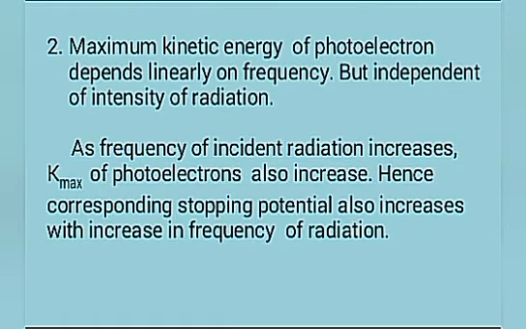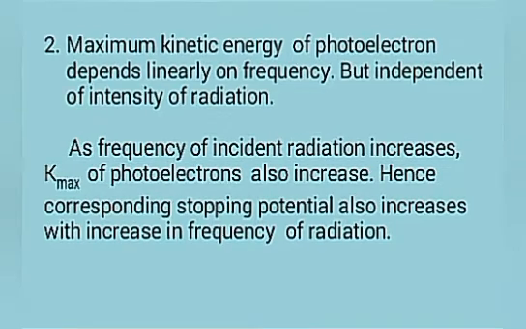Hence, the corresponding stopping potential also increases with the increase in frequency of radiation. Here, this point can be explained according to the equation: K maximum equal to h nu minus phi naught. Phi naught is work function.